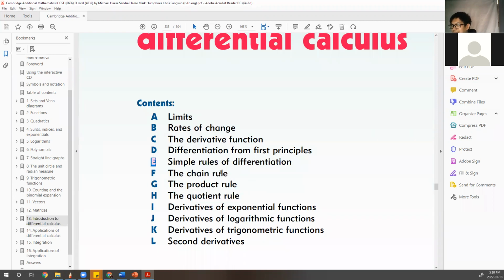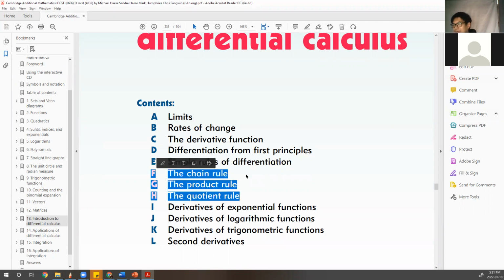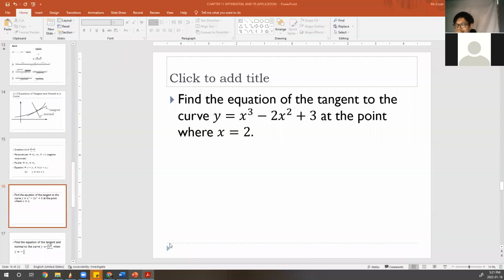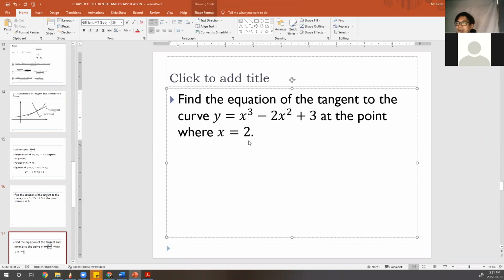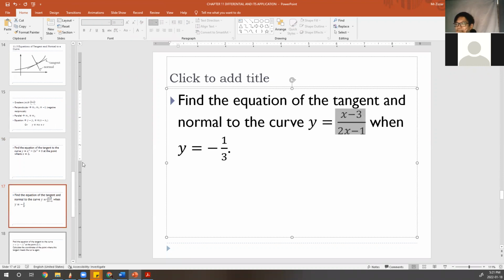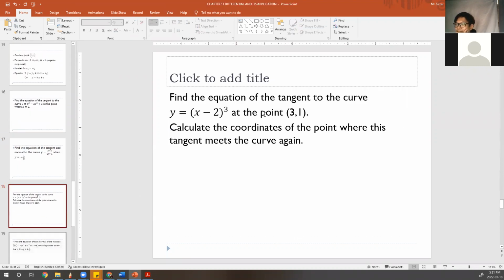Have you ever learned about EFG? That's E, of course you know how to do FGH. Oh, we're about to go into that, I think. I see. Okay, so you don't have to do this. You still can do this, but you cannot do this, of course, because this is the division. So you haven't learned this yet. Later.